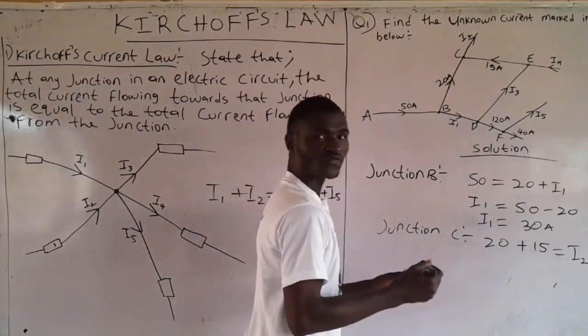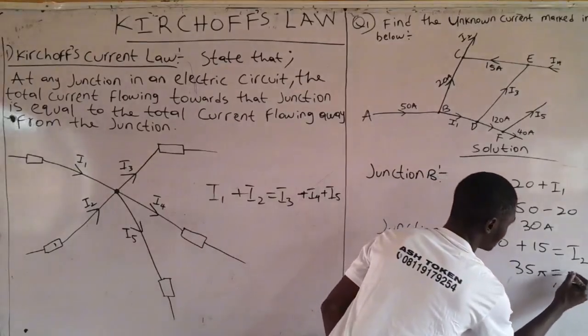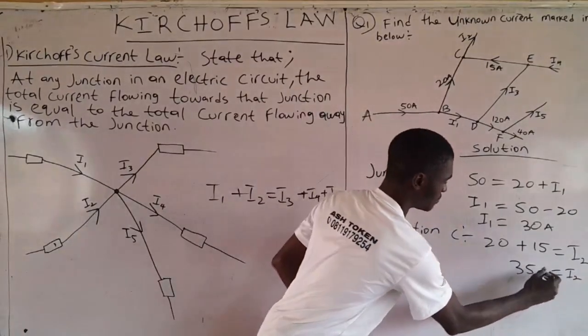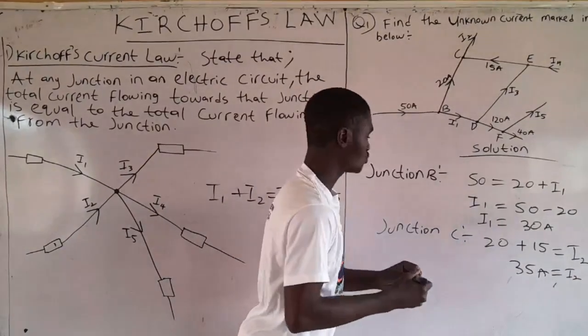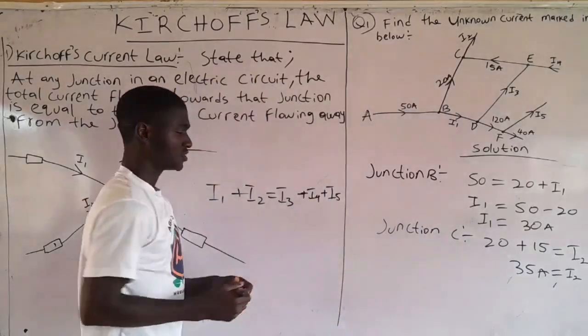So 20 plus 15, we have what? 35 amperes. I2 is equal to 35 amperes. So move on to junction D.